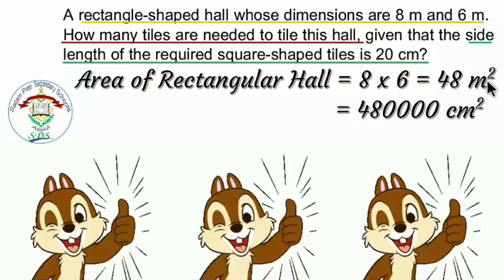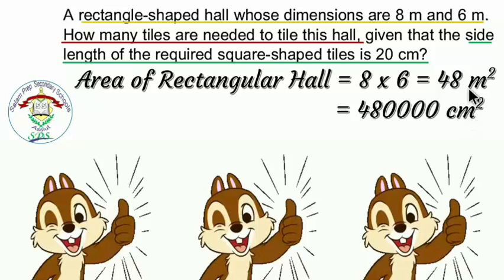48 square meters. When we want to convert square meters to square centimeters, we move from the big unit to the small unit, so we will put zeros.